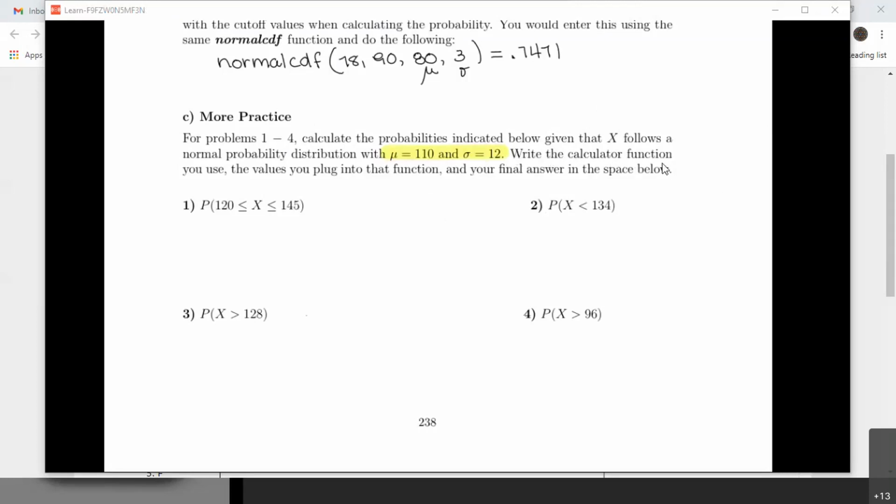You don't need to write down your calculator function because you might be using an online calculator. Just write your probabilities.